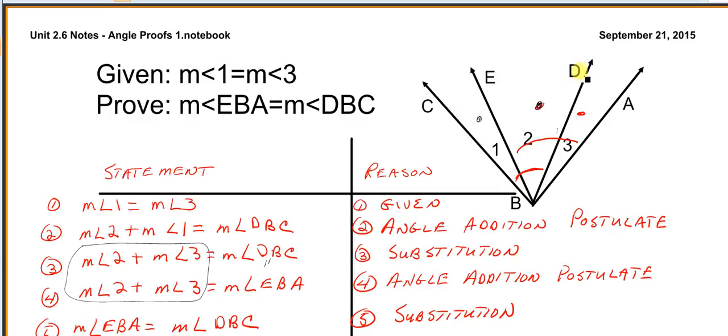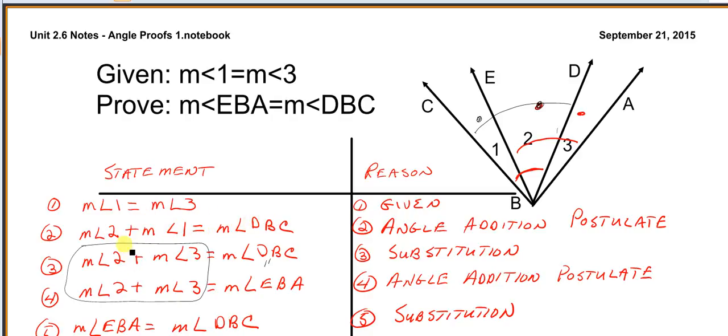So the measure of angle DBE right here, which is angle 2, plus the measure of angle 1 is equal to the measure of DBC. So there's what I have from the angle addition postulate, statement 2. And now then, notice that that particular statement said the measure of angle 2 plus the measure of angle 1 is equal to DBC.